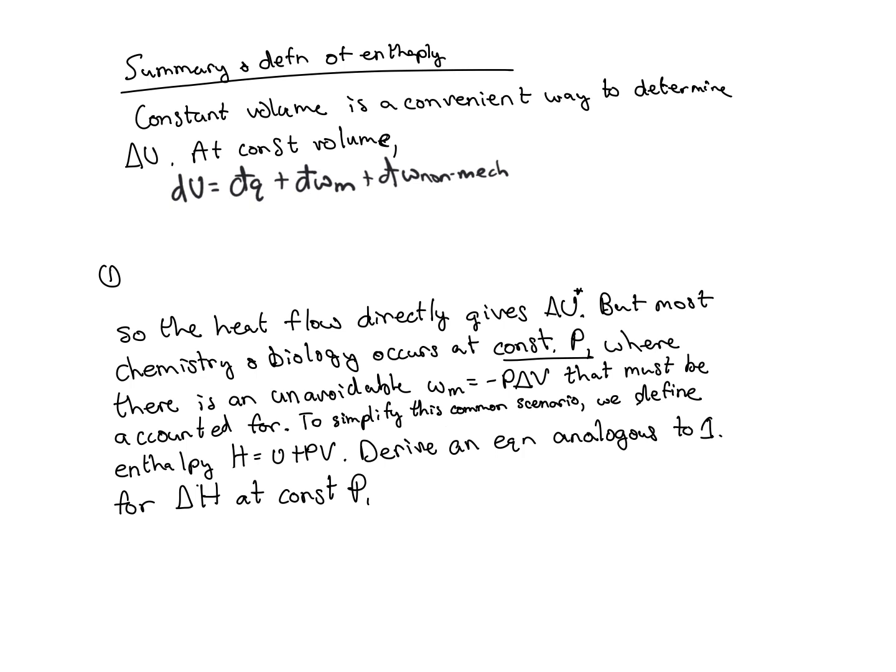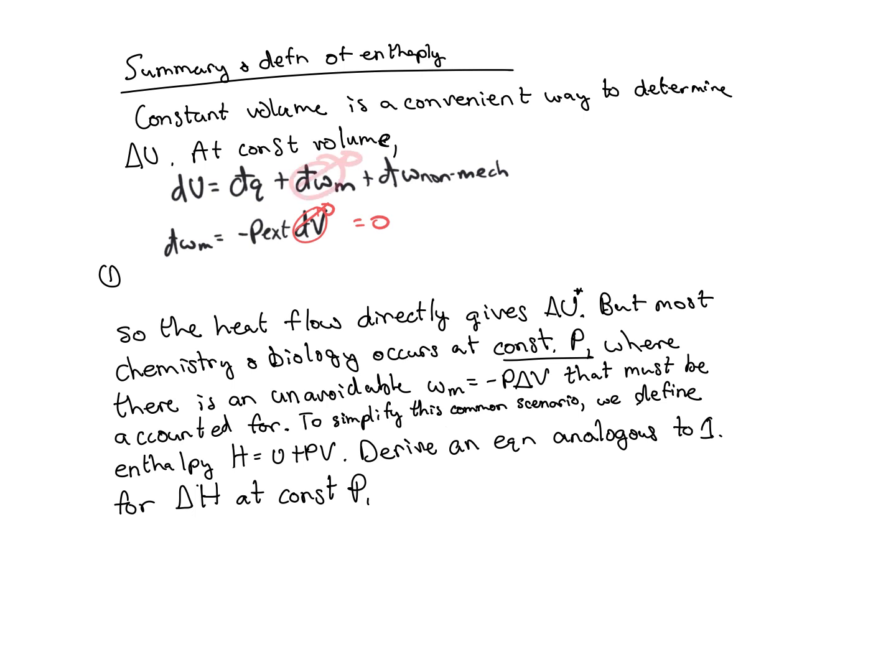Remember that since d bar work mechanical is negative p external dV, at constant volume there's no dV, so the mechanical work is 0 and we can completely eliminate that term.